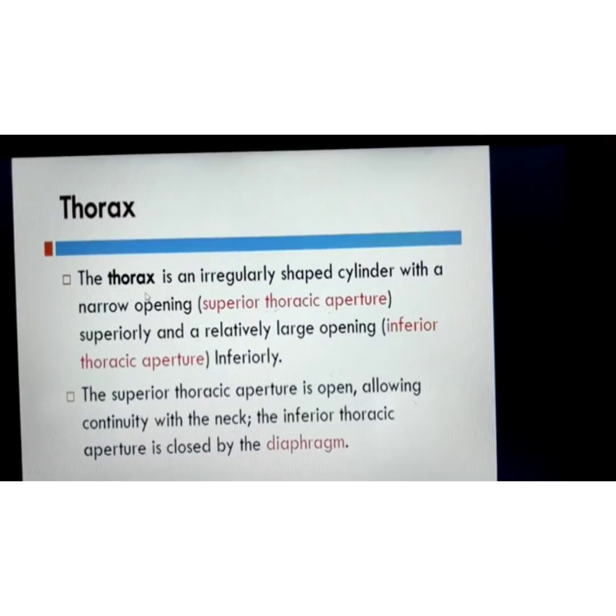So, it is an irregularly shaped cylinder with a narrow opening, which is known as the superior thoracic aperture.